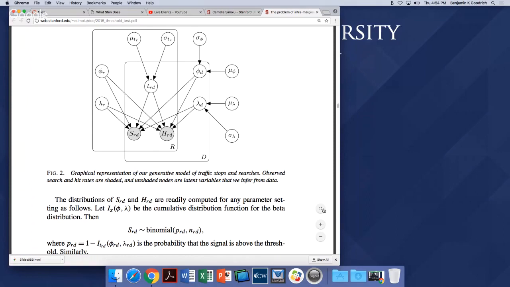And so ideally you would maybe want your model to explain or try to explain differences in stops in addition to searches given stops and hits given searches.